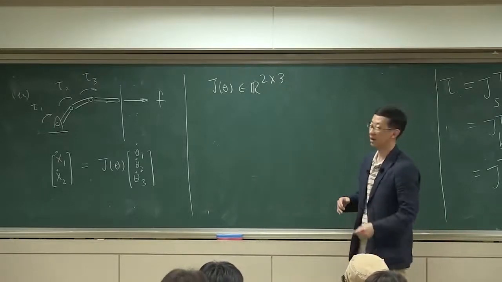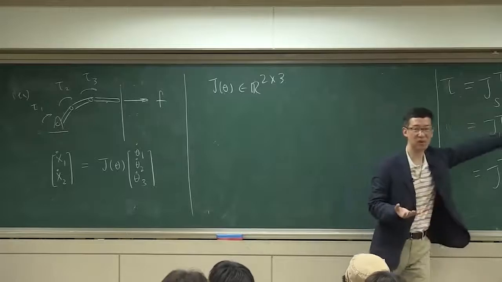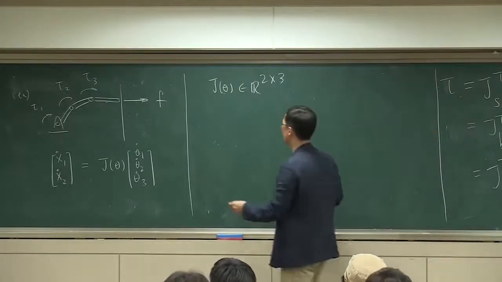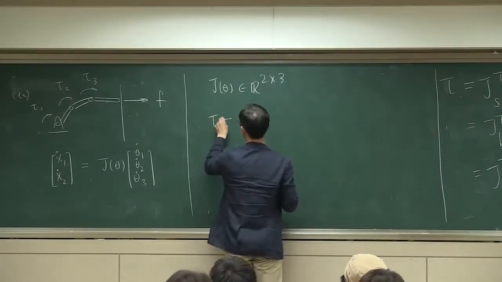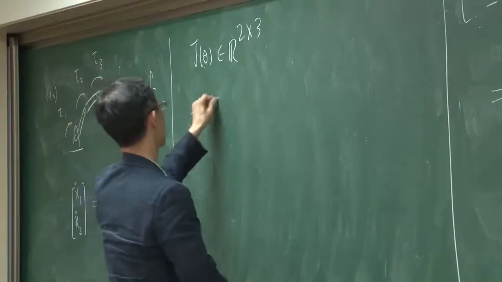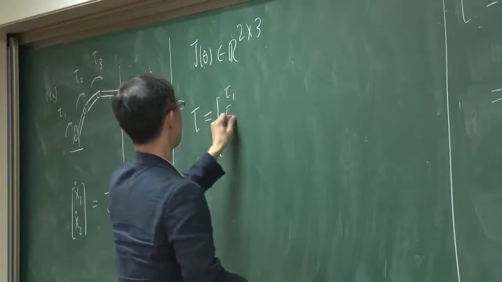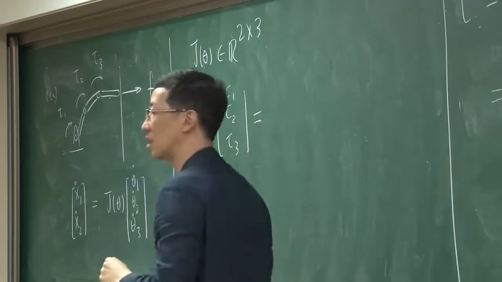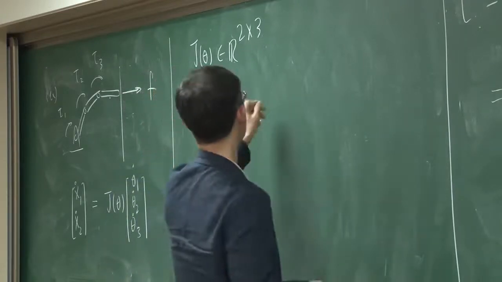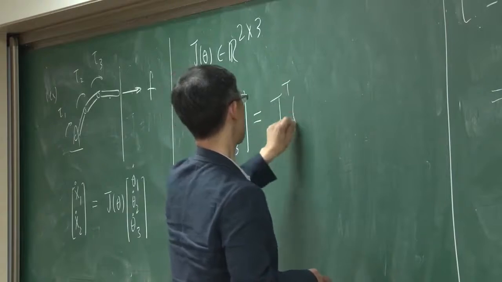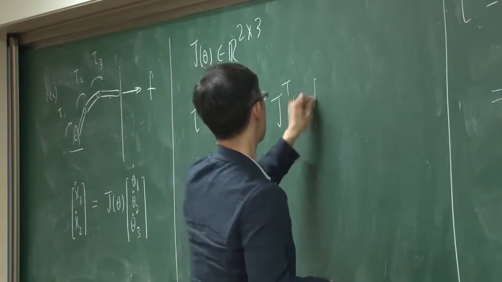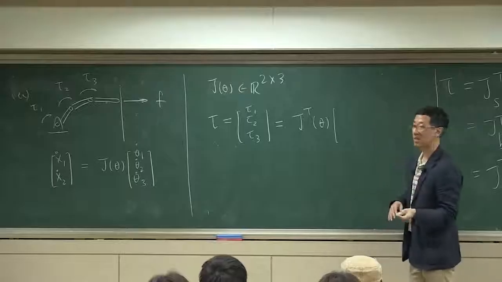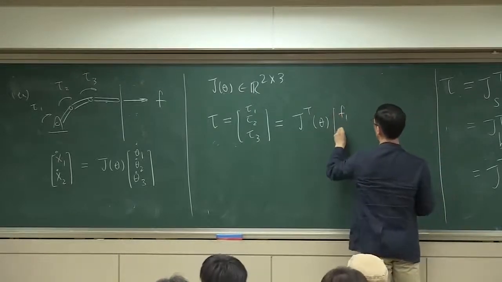Now I also know from my very careful derivation here that I can write tau 1, tau 2, tau 3 is equal to J transpose, this Jacobian transpose, times F. F is now 2-dimensional, so it's F1, F2.